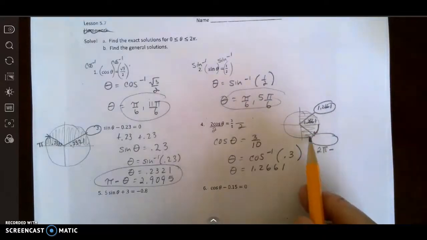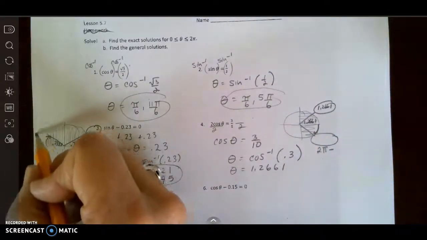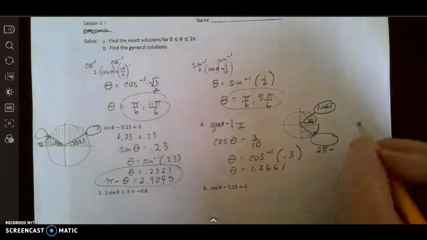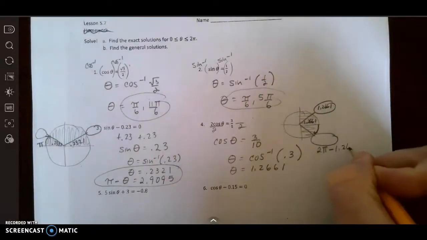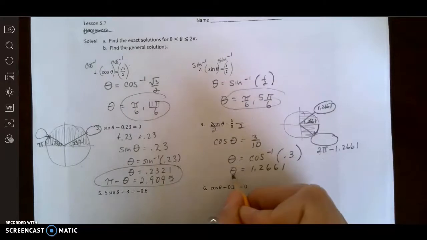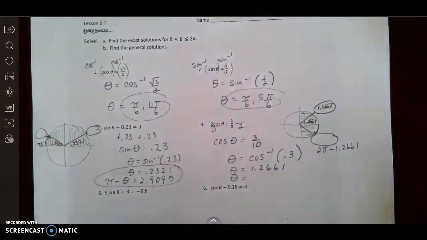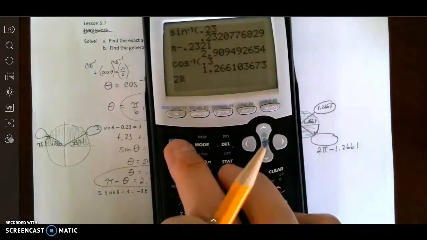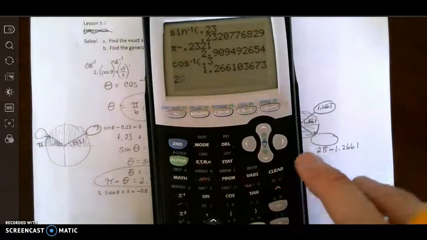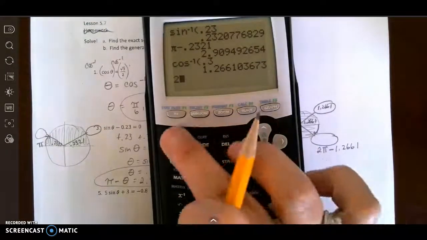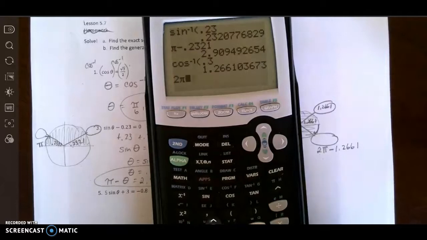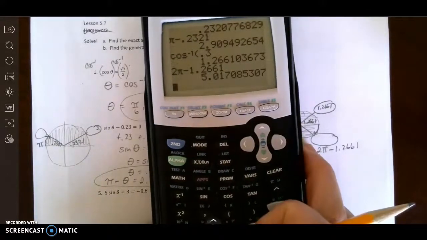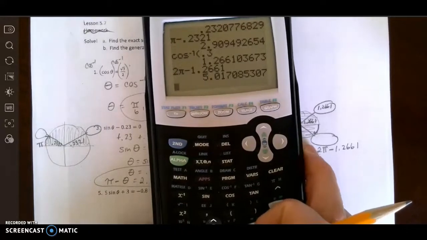And then I need this answer here, which is going to be 2 pi minus 1.2661. So 2 pi minus 1.2661, and I get 5.0171.